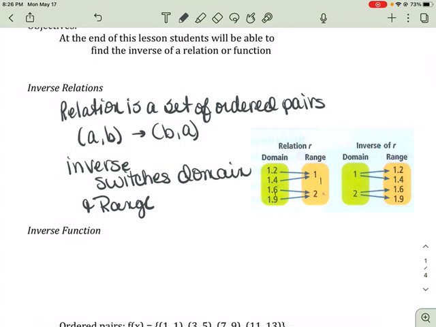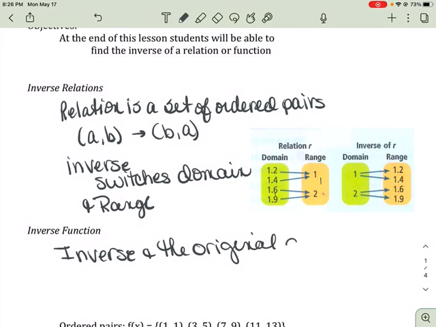So an inverse function is when the inverse and the original are both functions.